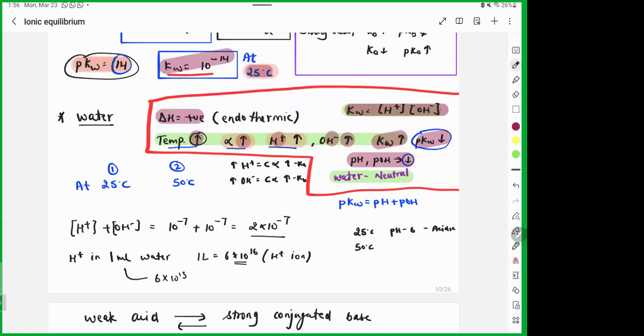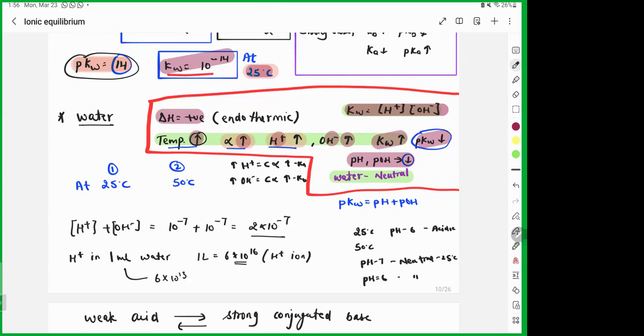Because of the rise in temperature, pH will decrease. Usually at pH 7, water is neutral, correct? At 25 degrees Celsius. Now at 50 degrees Celsius, pH will reduce. Even at pH 6, it will be neutral. Understood, Mridul?